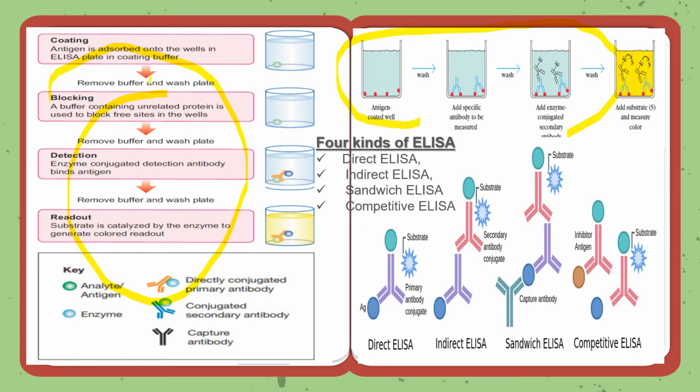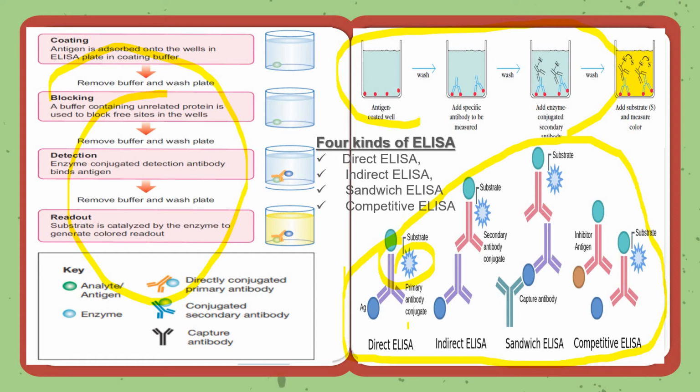We have four types of ELISA: direct ELISA, indirect ELISA, sandwich ELISA and competitive ELISA. These are the pictures to help understand the particular types of ELISA. In direct ELISA, the substrate is directly linked, and in indirect ELISA, there is a secondary antibody conjugate through which the substrate is attached.